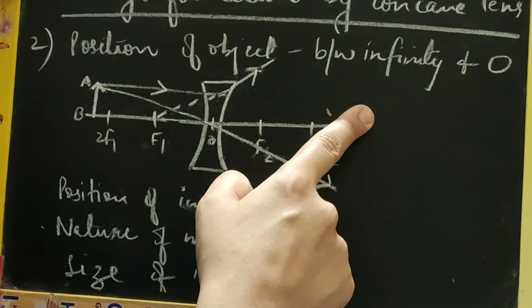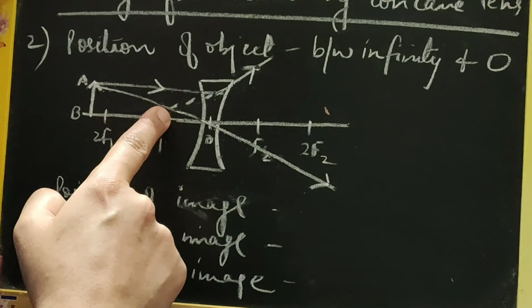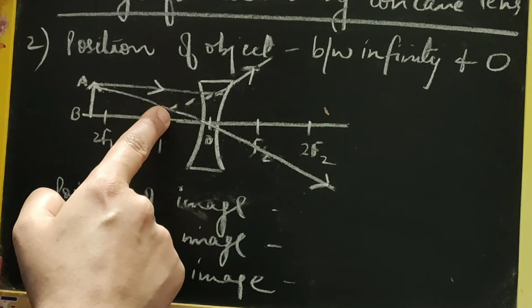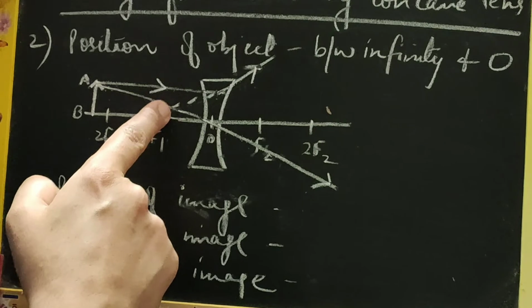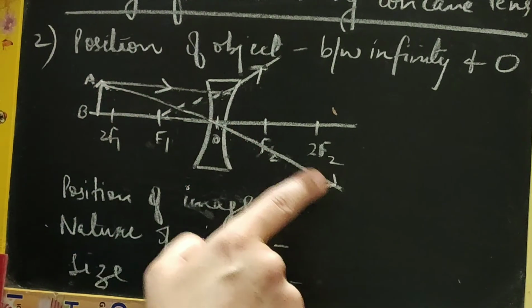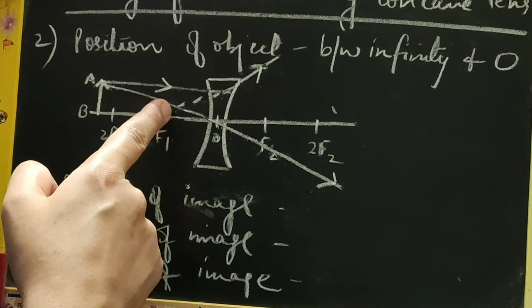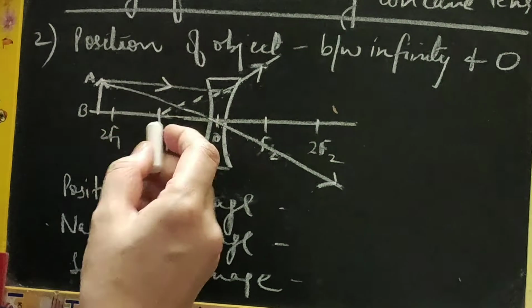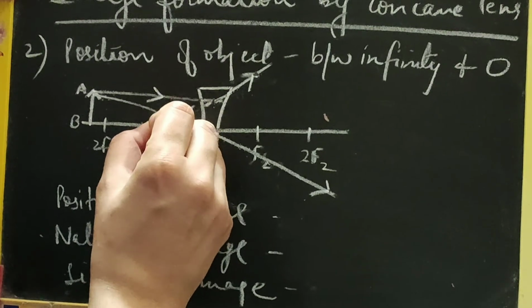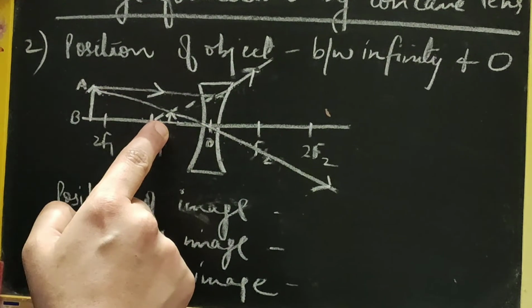To an observer here, it would appear as if the image is being formed somewhere on the same side. This is the point you can see where this actual light ray and this light ray produced back are virtually intersecting. So this is where a small and virtual image of this object AB will be obtained.